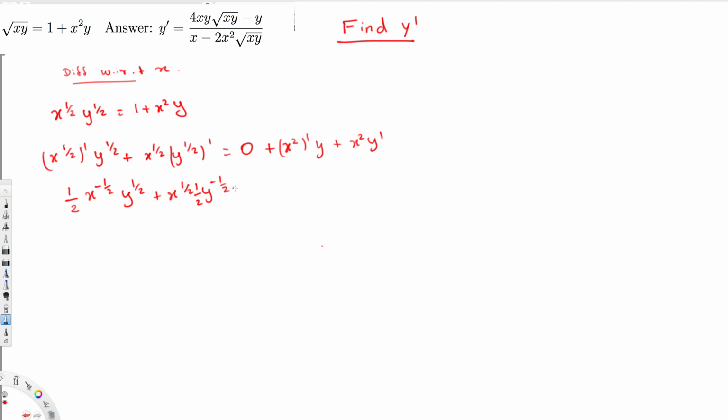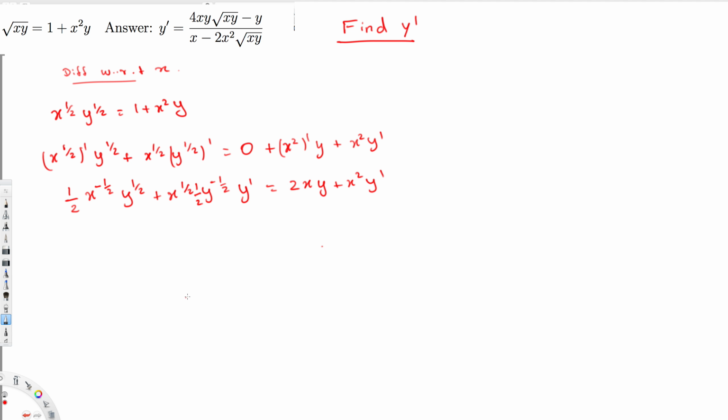So half y to the power minus half, and because of the chain rule, it's going to be y prime again. Then it's going to be equal to 0. We can get rid of the 0, and then we have x squared prime, which becomes 2x. 2 minus 1 is going to be 1, so it's going to be 2xy, then plus x squared y prime.